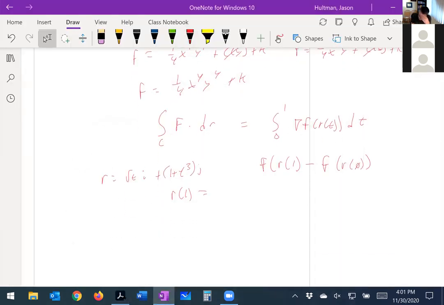So plug in 1 for t here. We get the square root of 1 i plus 1 cubed j, so that's i plus 2j.